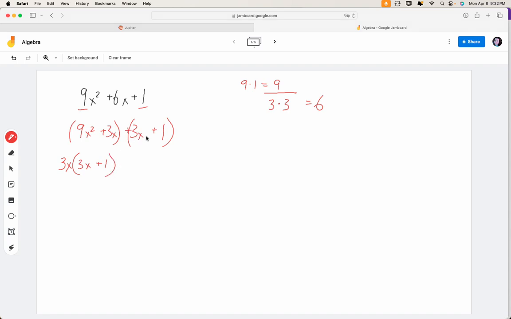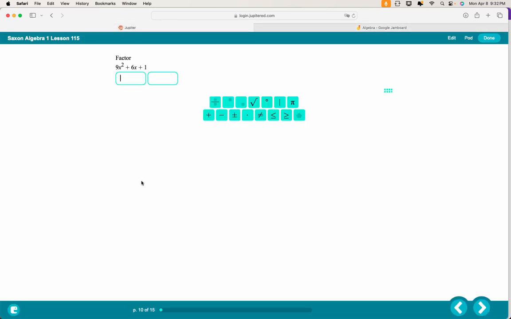And then this is already 3x plus 1. The only factor I can pull from here is 1. So it's going to be plus 1 times 3x plus 1. So what I have is 3x plus 1 times 3x plus 1. Let me check it.